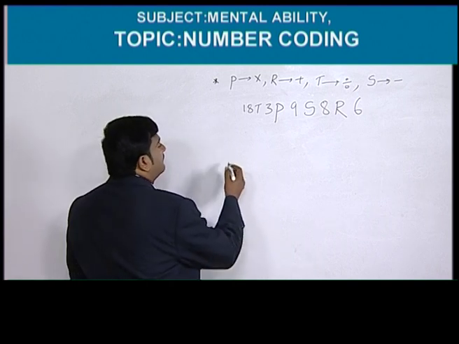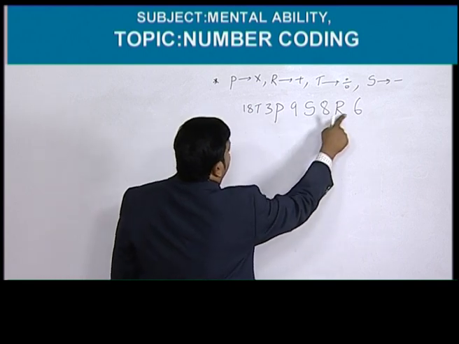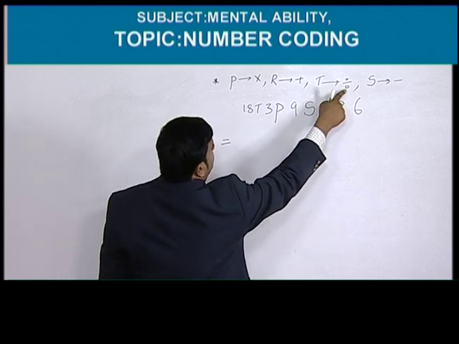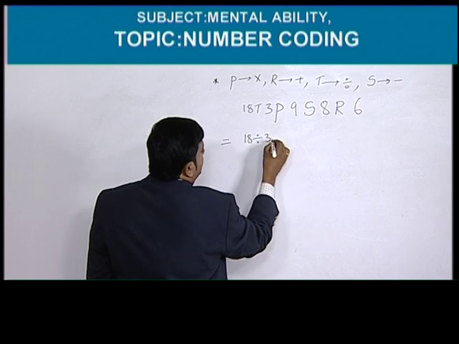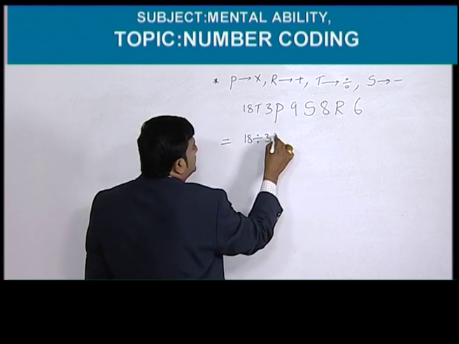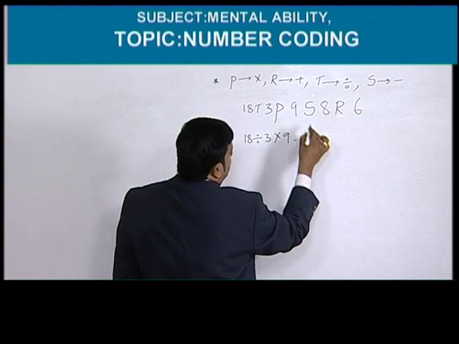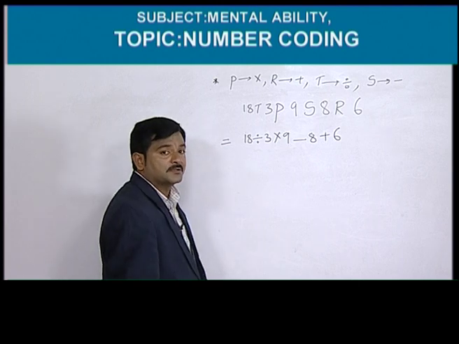Now to find the value of this, what will we do? We will take the corresponding codes. T means how much he mentioned? Divided by. So 18 divided by 3. P means into, 9. S means minus 8. R means plus, and finally we have 6.